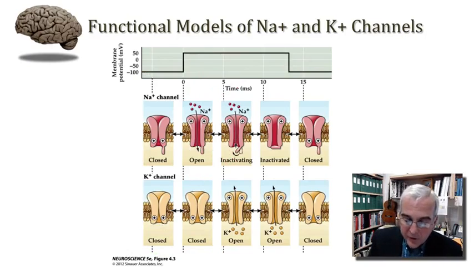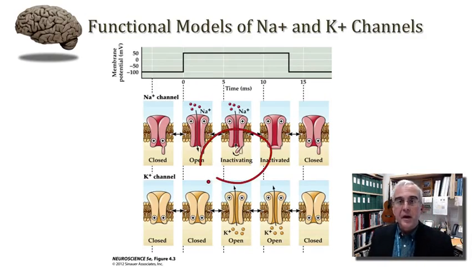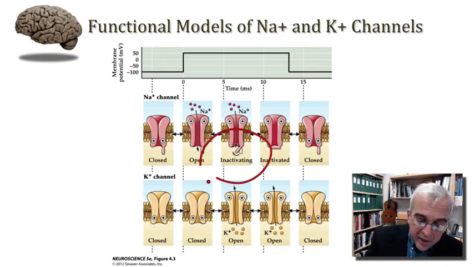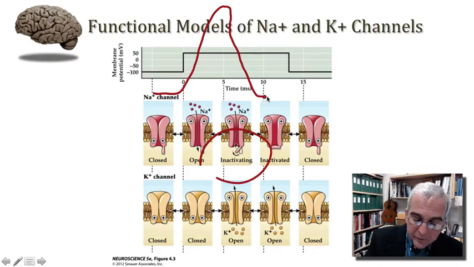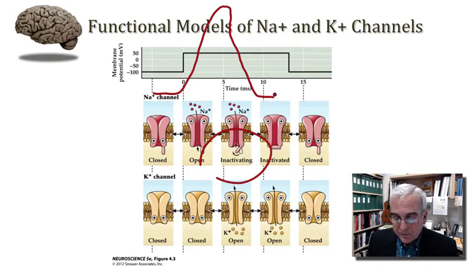But for now, I want you to note that inactivation of the sodium channel is due to the fact that there is this particular cytoplasmic feature of the channel protein that swings closed and plugs up the pore of the membrane from the cytoplasmic side, preventing any further influx of sodium. And this is why that sodium conductance rises so rapidly and then falls equally rapidly, because of the development of inactivation.